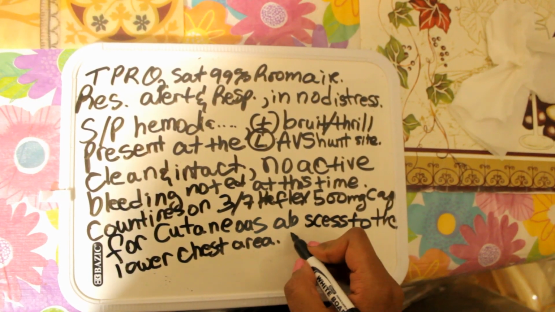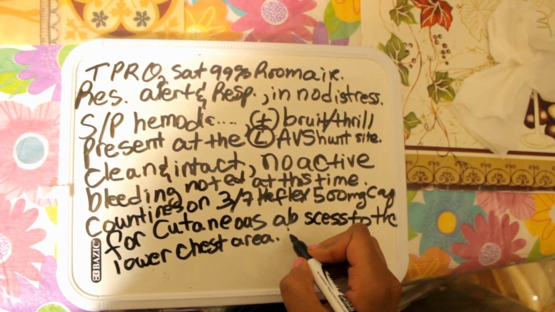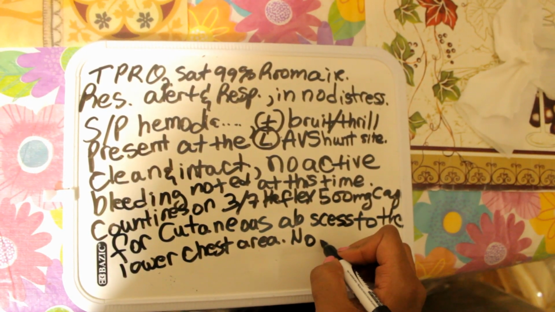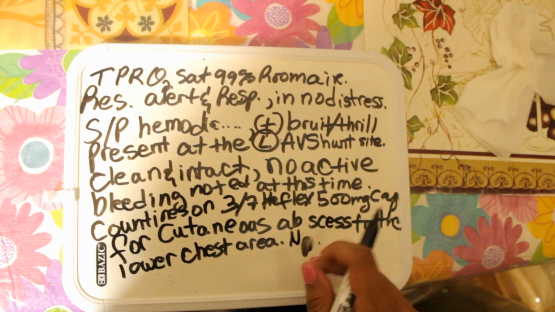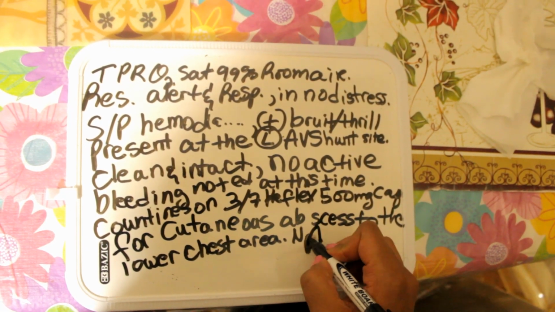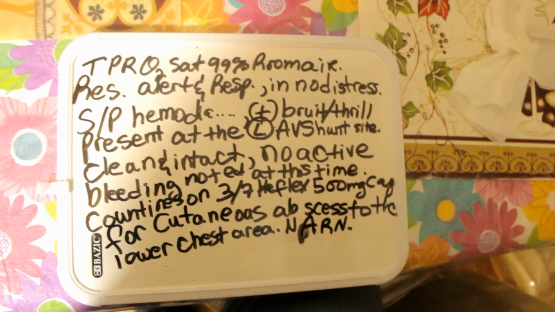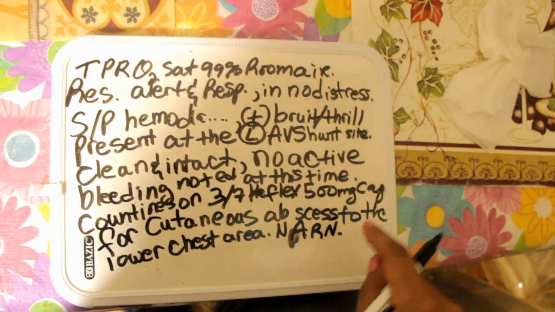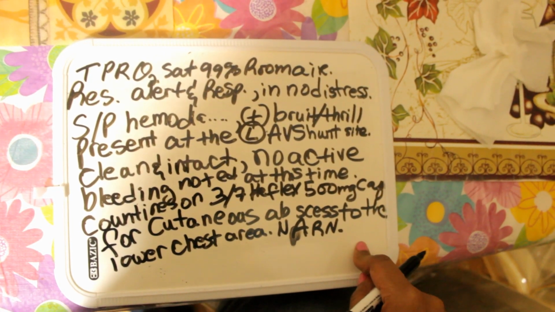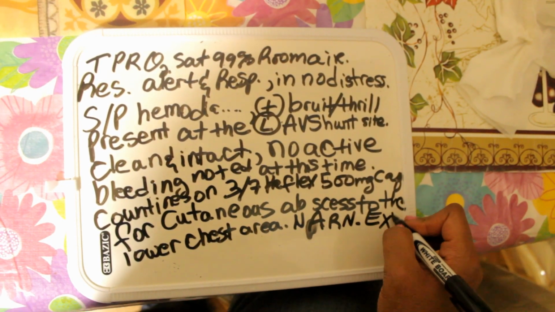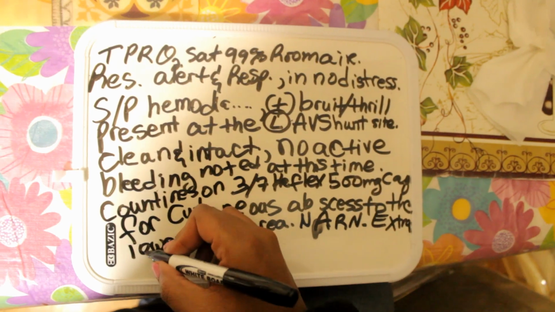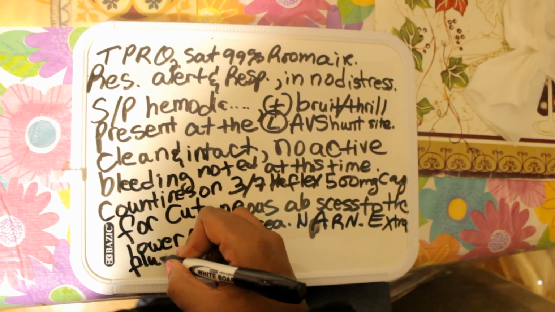And this is really important too, especially if the patient's on an antibiotic. No adverse reactions noted, or you can just write NARN. No, not the Chronicles of Narnia, just NARN. Then you could put extra fluids given. That's really important when they're on an antibiotic.